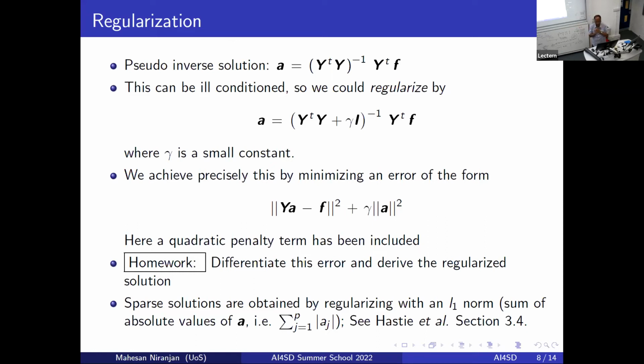If it pushes small values to 0, then in the solution for A, only a small number of them would be non-zero. When only a small number of the parameters are non-zero, it's legitimate to call that a sparse solution. So you started with A, which has P plus 1 unknowns. You derive a solution where, amongst those P plus 1, half of them are going to be 0, the other half not.